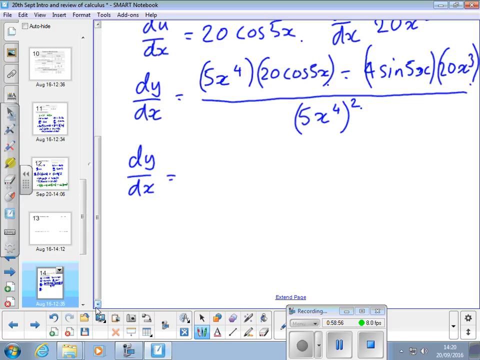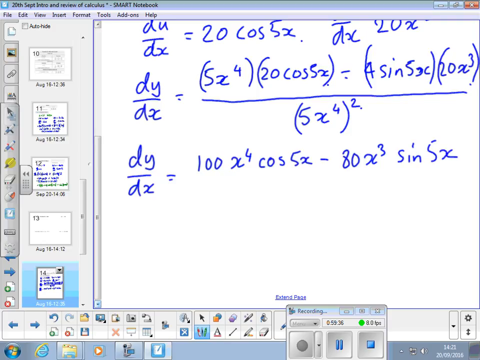We've got a 20 there and a 5. 20 5s are 100 x to the 4 cos 5x minus, we've got a 20 and a 4, so that's 80 sine 5x, and we want to put our x cubed in here, won't we? 80x cubed sine 5x.